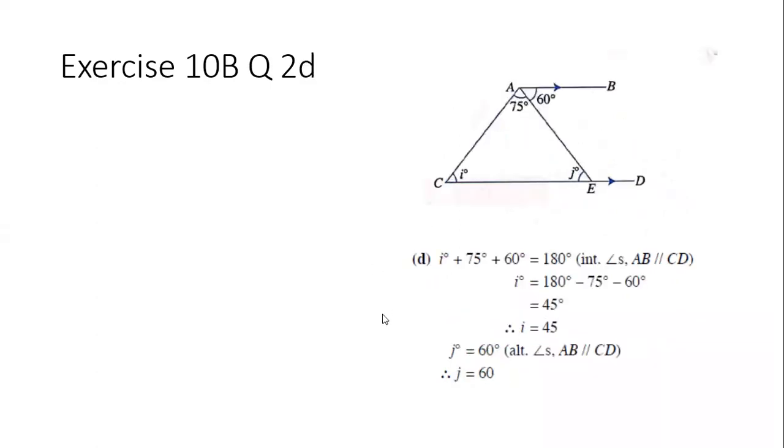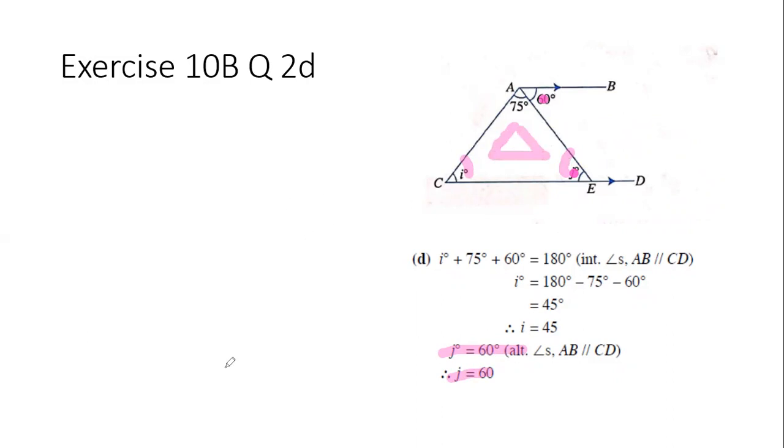Okay, again, we have another question. In this question, we are asked to find the unknowns here and here. So we can say this angle J is an alternate angle here. So J equals 60. That's solved. And then this whole thing is a triangle.